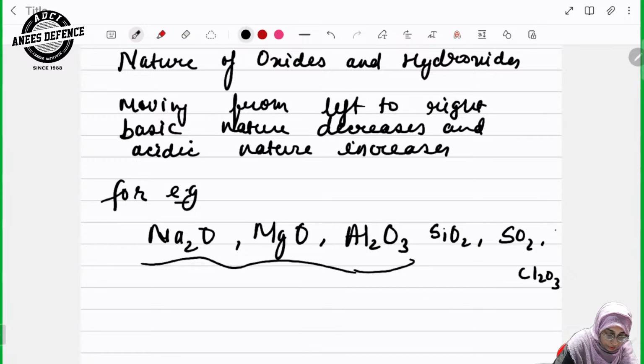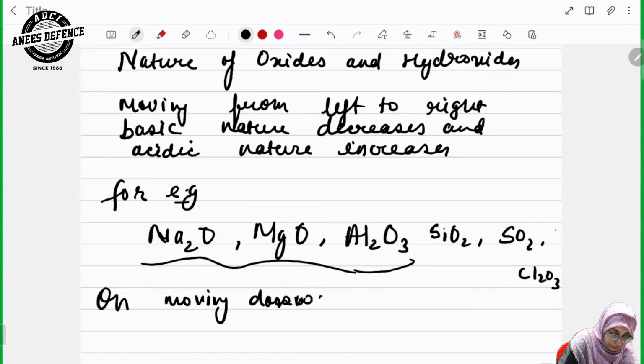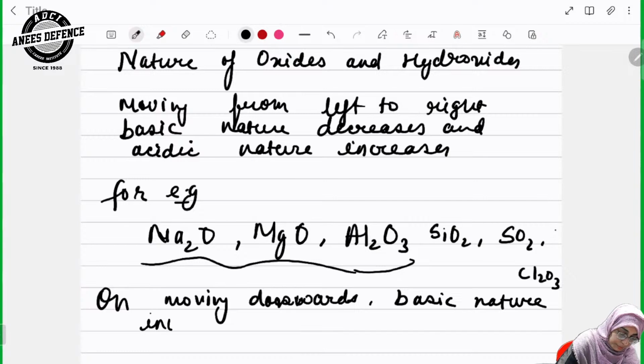And on moving downwards, what will happen? On moving downwards, basic nature increases.